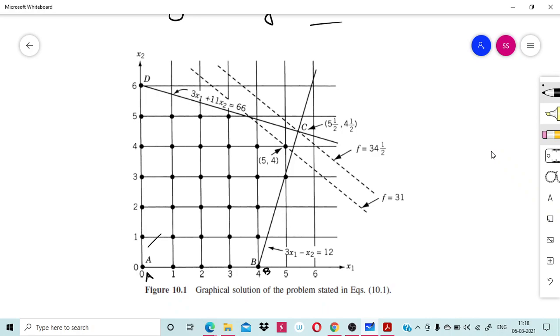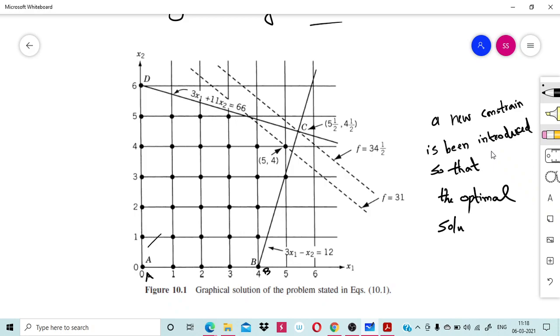For that, we introduce a new constraint so that once we solve the LPP, the solution will become all integers.